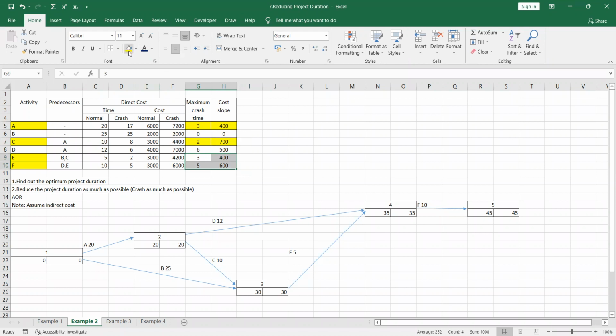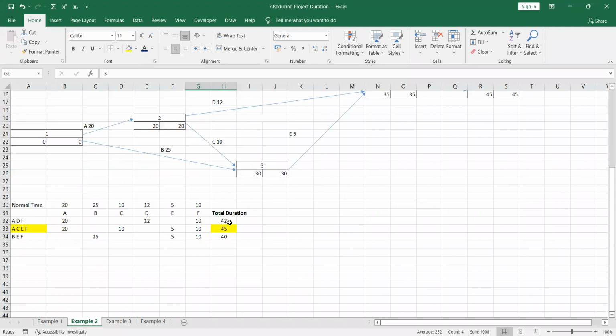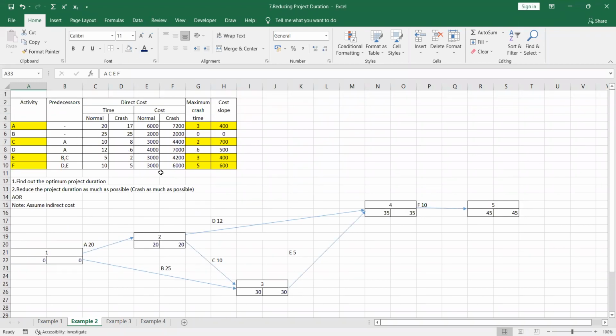Right. So after highlighting the A, C, E, F critical path, we have to see what is the activity that we are going to crash first. According to this question, you have to find the optimum project duration and reduce the project duration as much as possible, and assume the indirect cost as well.